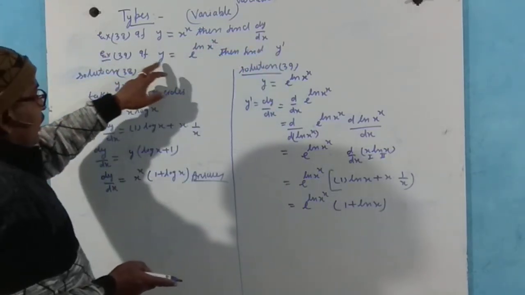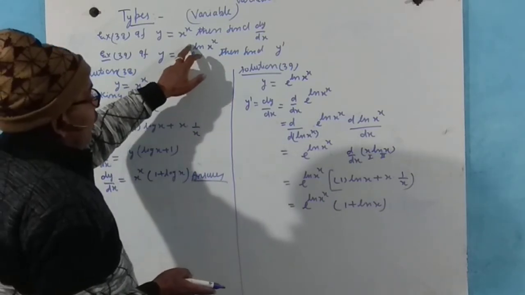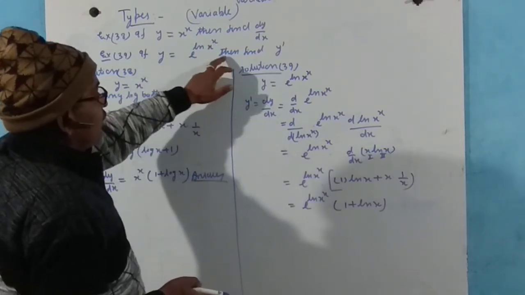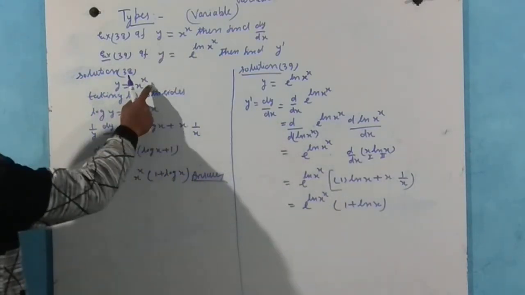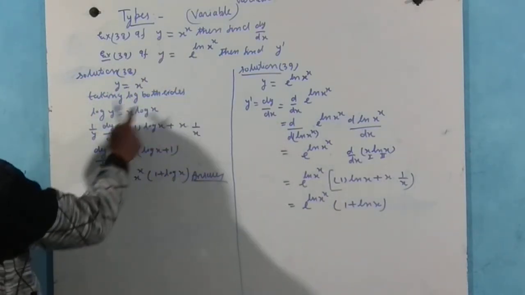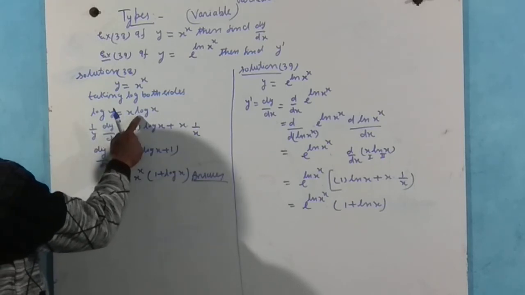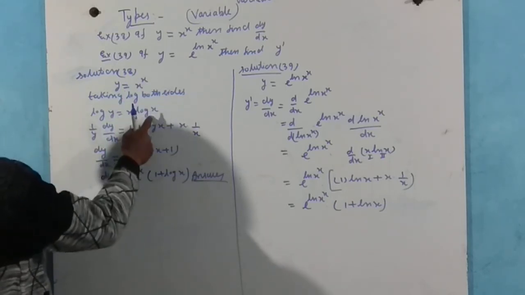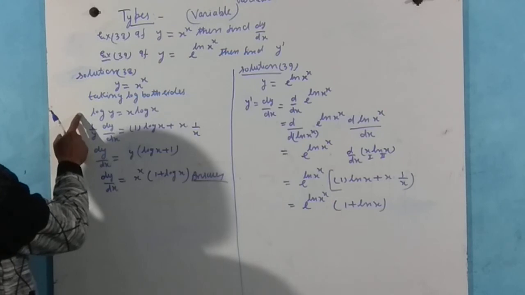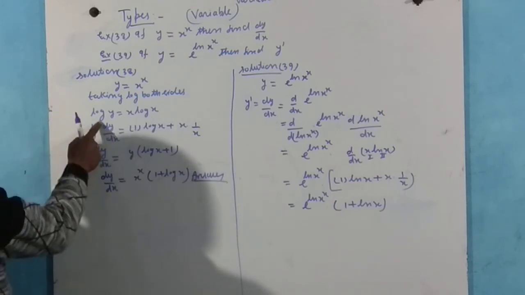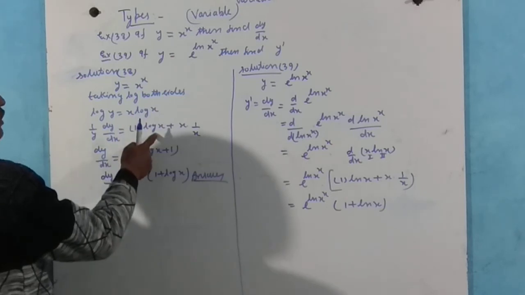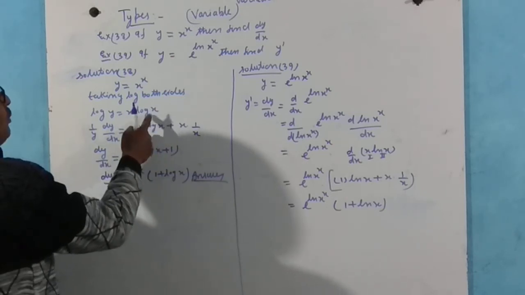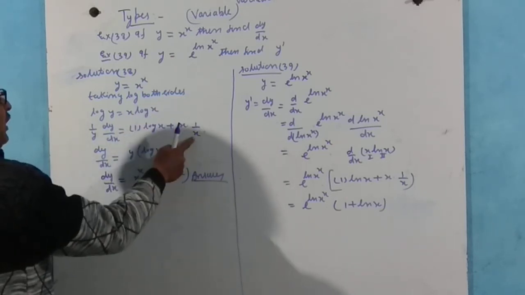Given y is equal to x to the power x, taking log both sides, log y is equal to x log x, and differentiating with respect to x, 1 by y dy by dx is 1 times log x plus x into differentiation of log x, which is 1 by x.